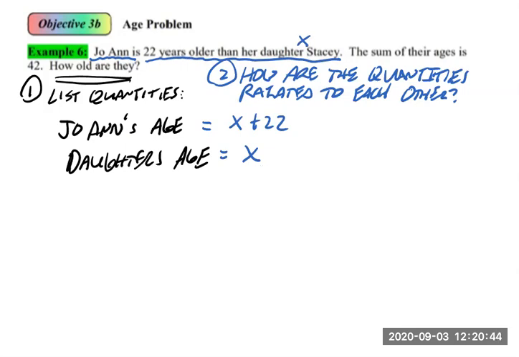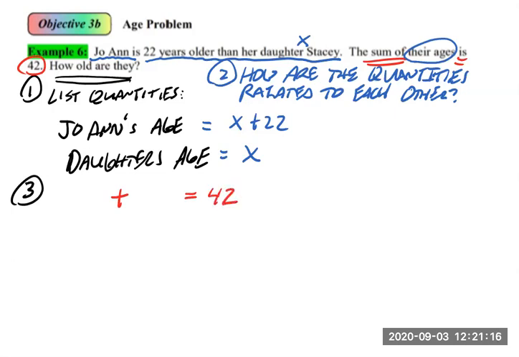Now, step 3 is a mathematical process that involves these quantities. And you notice here it says the sum of their ages is 42. So whatever I have for my quantities, I know that I'm going to sum their ages, so I'm going to add, and the answer when I add them is 42.